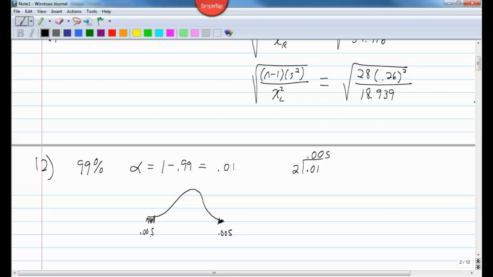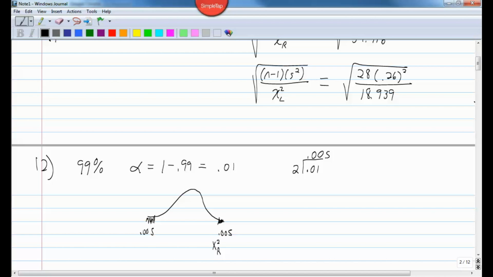And so the way that we use that, remember in our chi-square distribution table, if we want to know what critical number we have for the right critical number, that's chi-squared sub R, then we need to use the area to the right of that, which is 0.005.